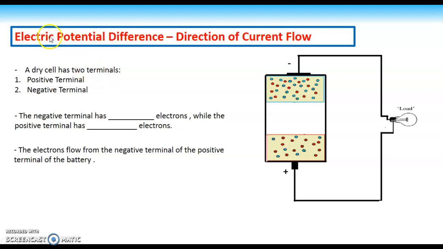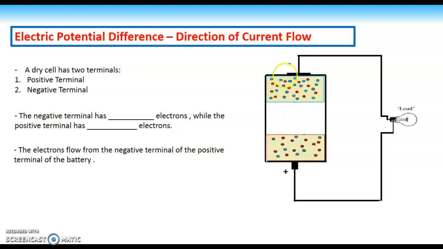Electric potential difference: this word is electric because we are talking about electricity, about electrons, and potential because it has the potential to drive the flow of electrons, and difference because the number of electrons differs between the two terminals. So here the blue circles represent the electrons, and the red ones represent the protons.